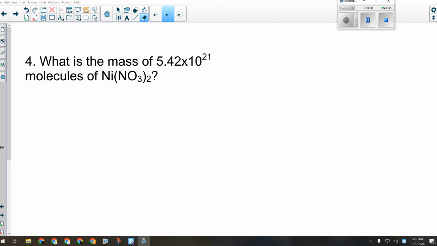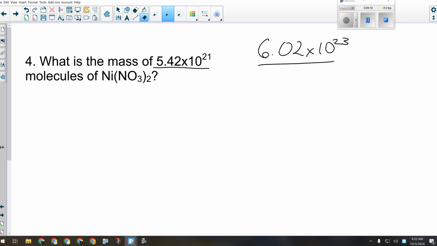Look at this number of molecules right here. Avogadro's number tells you the number of molecules in 1 mole. This number here is at least 100 times bigger than the number you were given. Would you agree? One is times 10 to the 21. The other is times 10 to the 23.